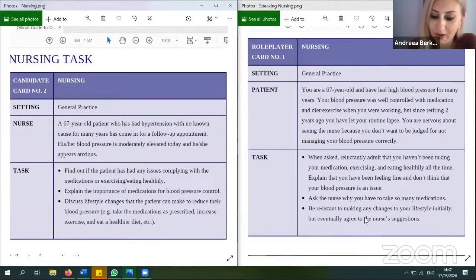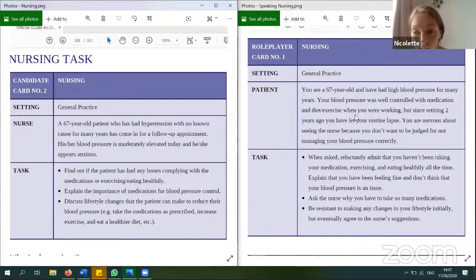So, Nico, the patient? Yes, you are a 67-year-old and have had high blood pressure for many years. Your blood pressure was well controlled with medication and diet, as well as exercise, when you were working. But since retiring 2 years ago, you have let your routine lapse. You are nervous about seeing the nurse because you don't want to be judged for not managing your blood pressure correctly.